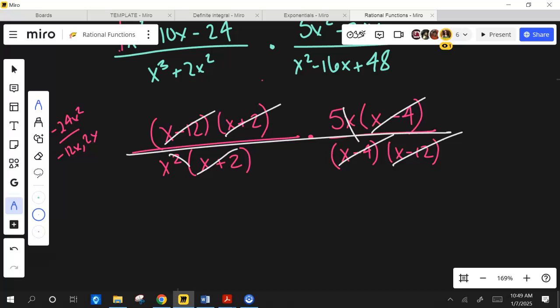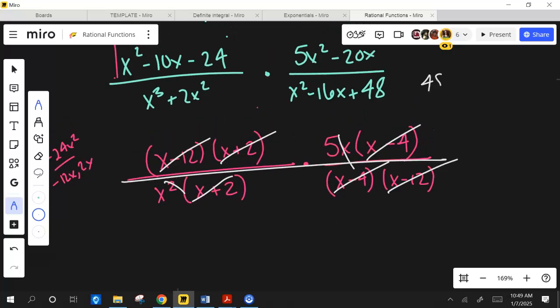All right, how did I get what? What multiplies to 48x squared but adds to negative 16x? So negative 12 and negative 4. It was a shortcut.